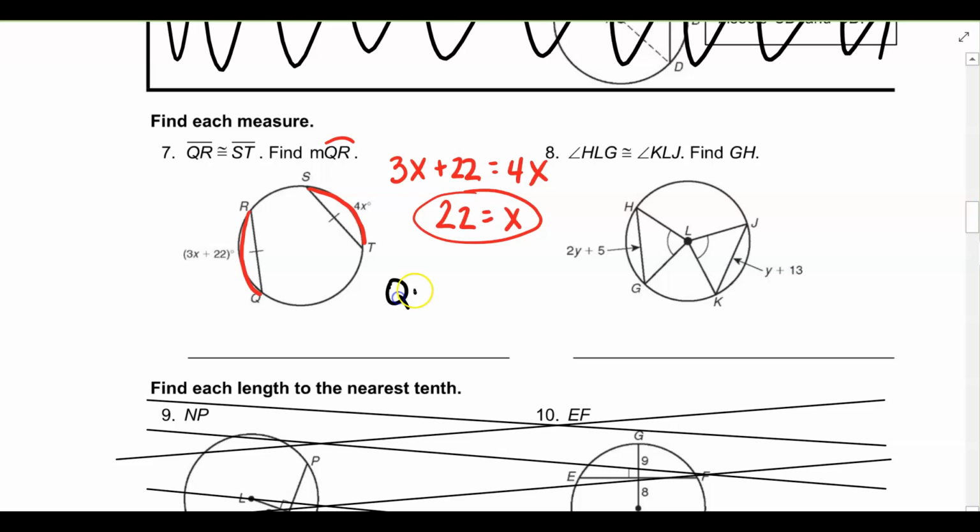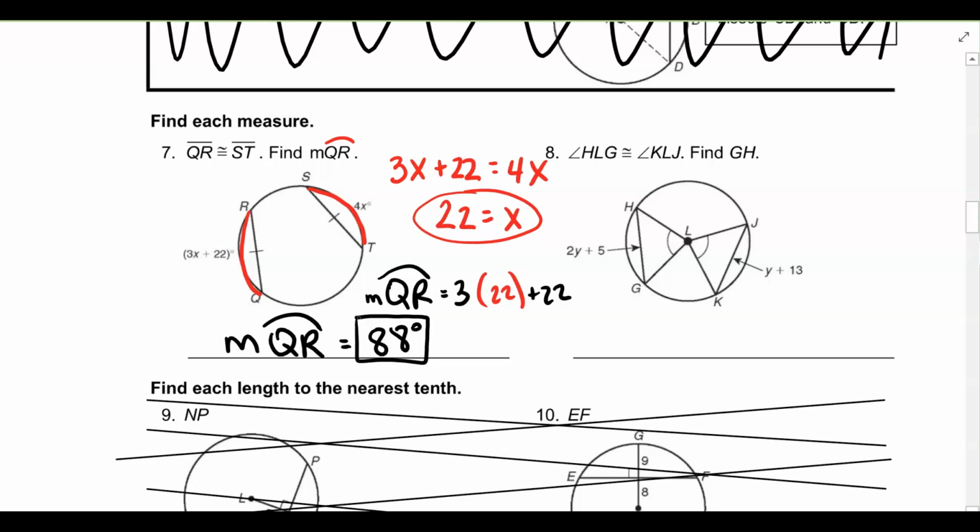So the measure of arc QR is equal to 3 times 22 plus 22. Okay, so the measure of arc QR equals 88 degrees.